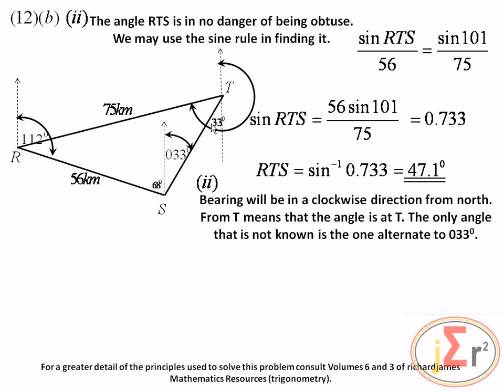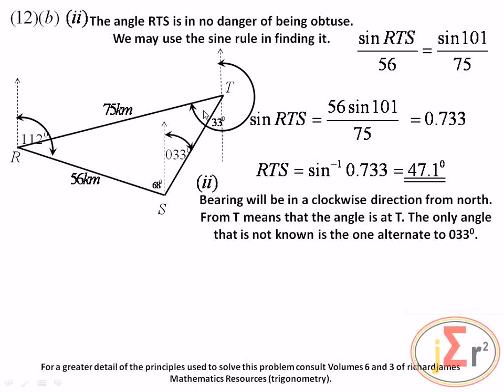But we know that if we have this north line that is vertical right here, and we have one that is vertical right here, these two lines are parallel. So these two angles are Z angles or alternate angles, and they are equal. So this is 33 and this is also equal to 33, and we know this to be 47, and all the way here is angle on a straight line, which is 180 degrees. So the only angle that is not known is the one that is here.